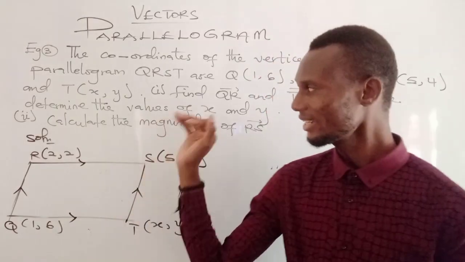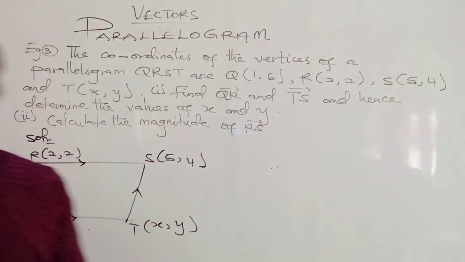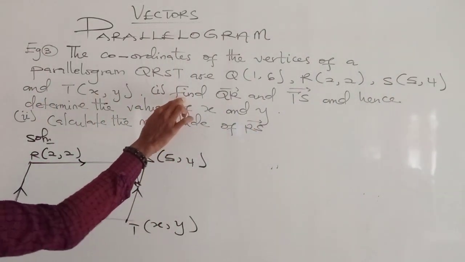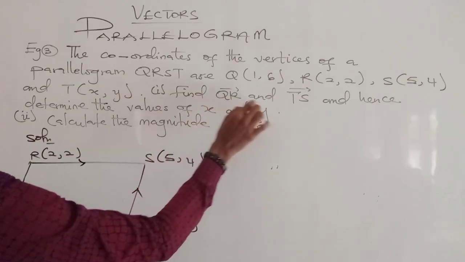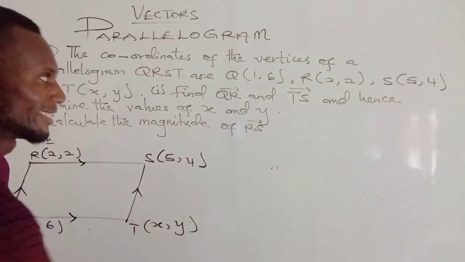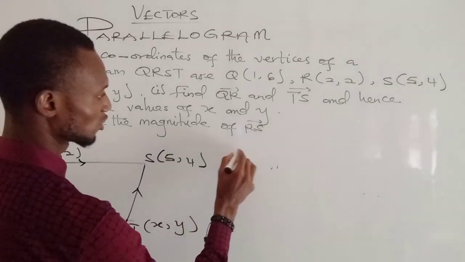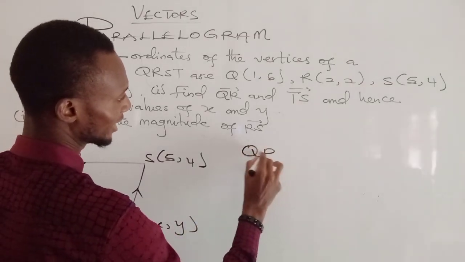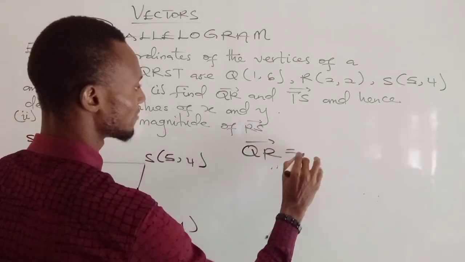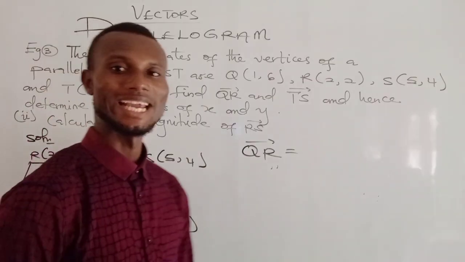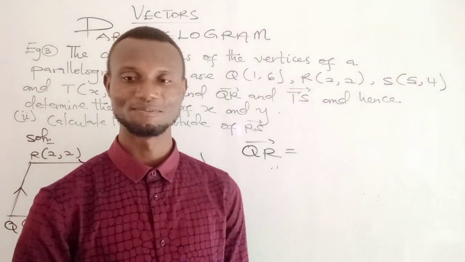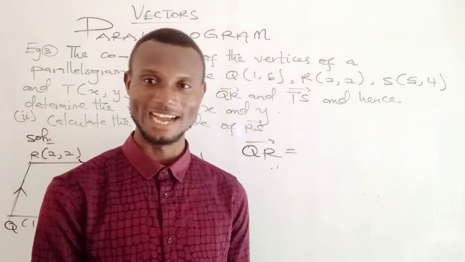Now the (i) part of the question says that we should find the vector QR and the vector TS. So let's go ahead and do that. To find my vector QR, this I've explained a lot in the previous videos, and we've done many examples on it as well.